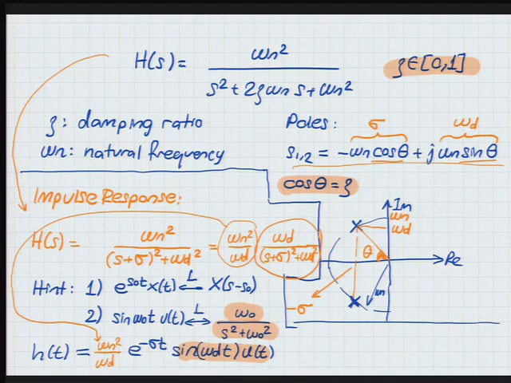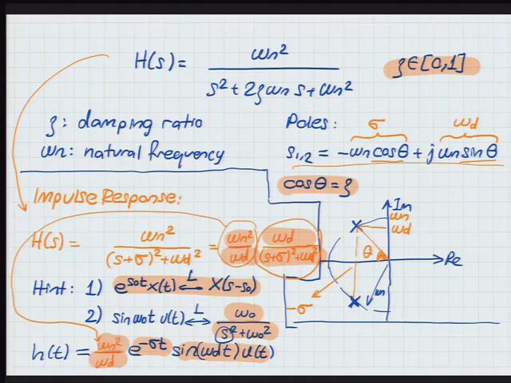And what this does, according to this, is make s into s plus sigma. So there's only one s here, and if you replace this s with s plus sigma, you get this expression here, and this factor here was accounted for here. So this is h of t.